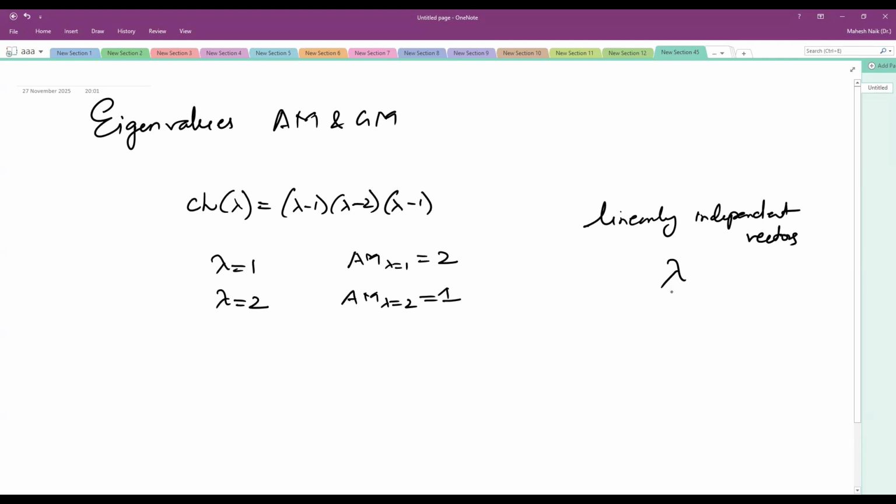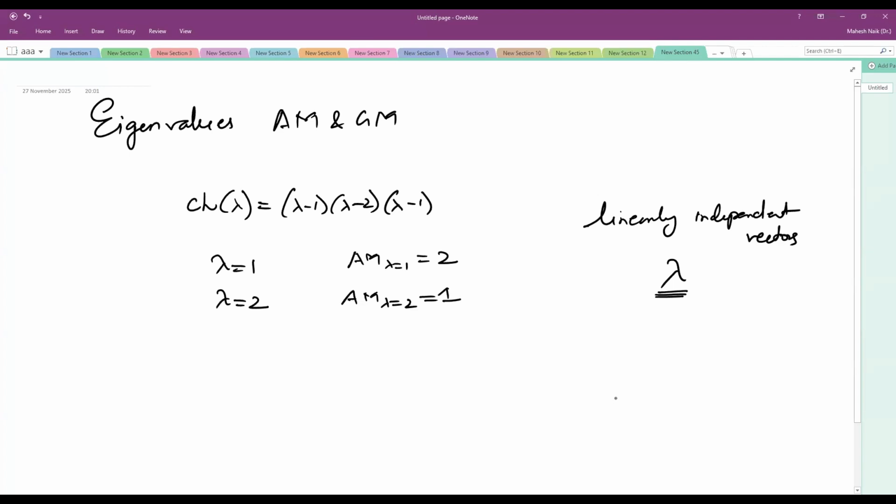Most of the time, distinct eigenvalues will have only one associated eigenvector. But in the case of non-simple eigenvalues, the number of eigenvectors can be more, so the geometric multiplicity will be more than one in that case.